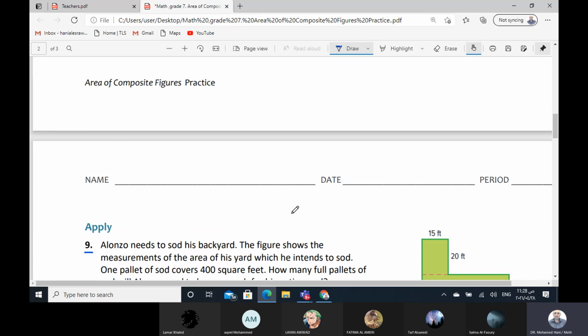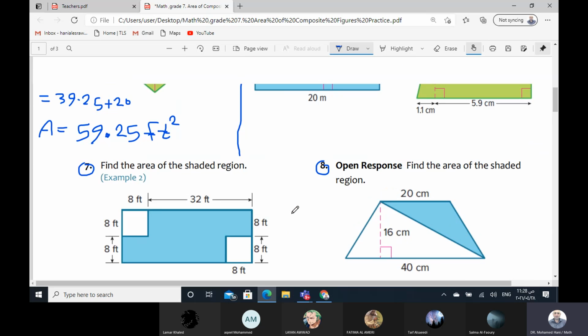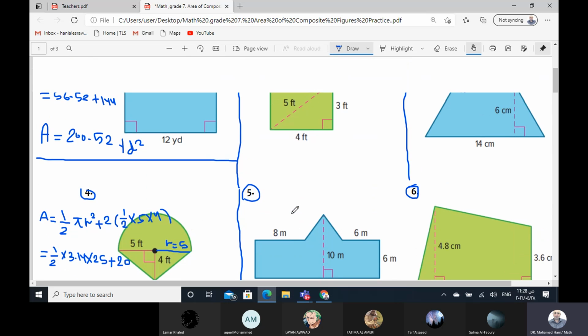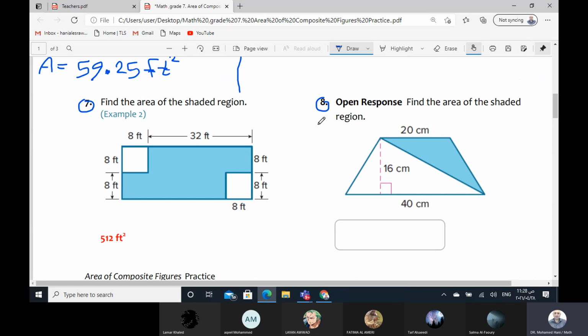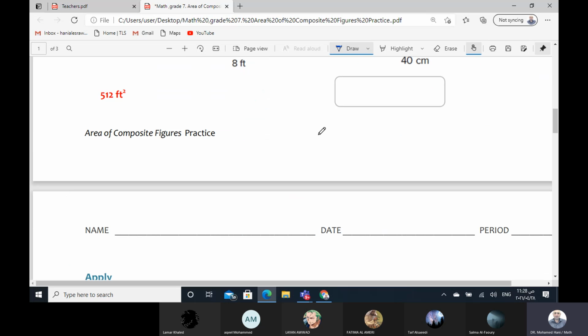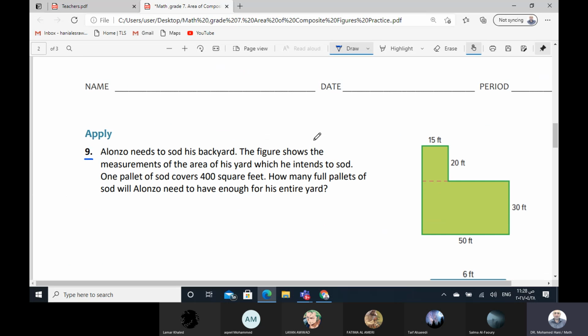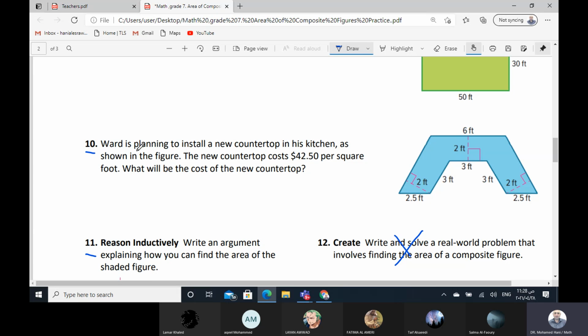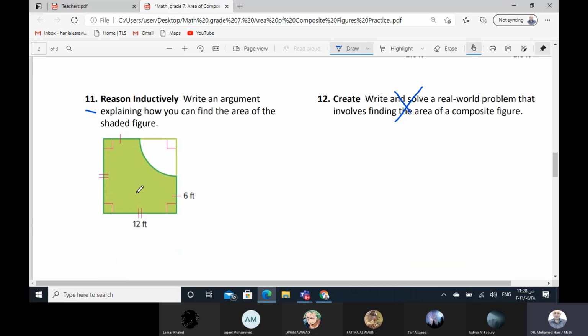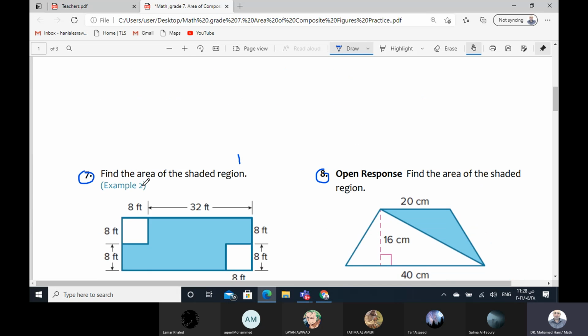But from 5, I want from all to solve it: 5 and 6 and 7 and 8. Okay? And if you want to solve 9 and 10 and 11, it's up to you. Okay?